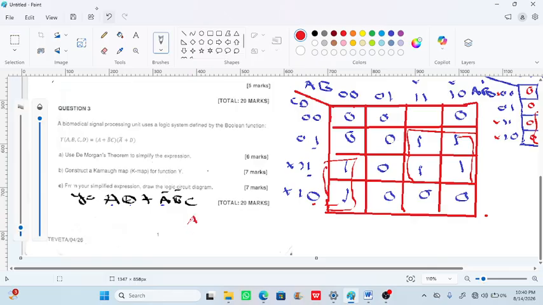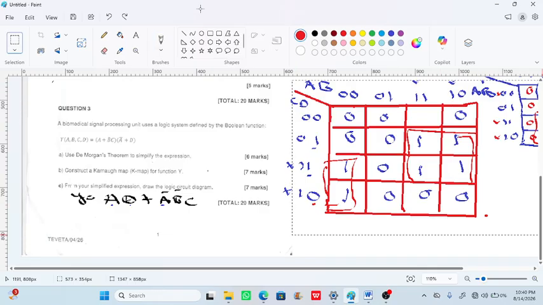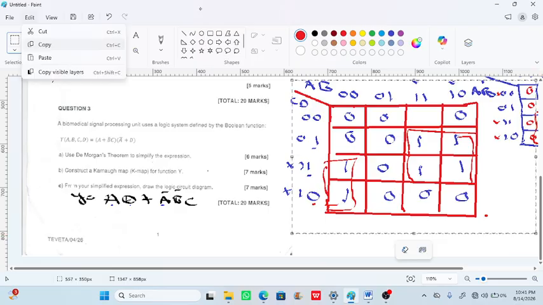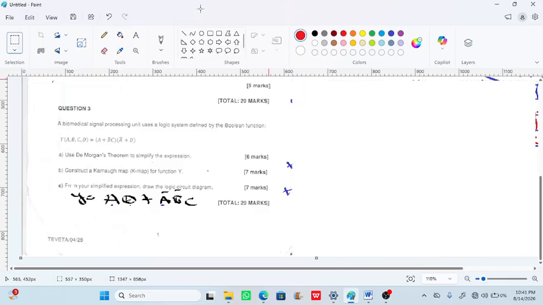Let me just erase this so that we can have a space here, without wasting much of the time. Okay, so we have a space there.